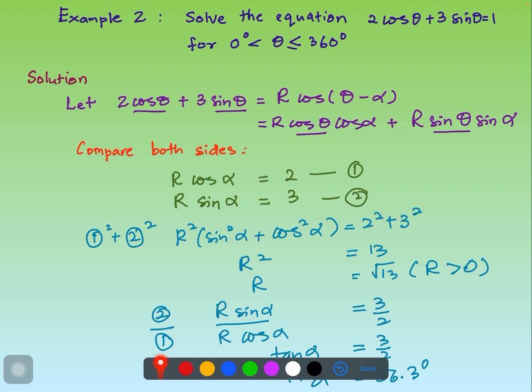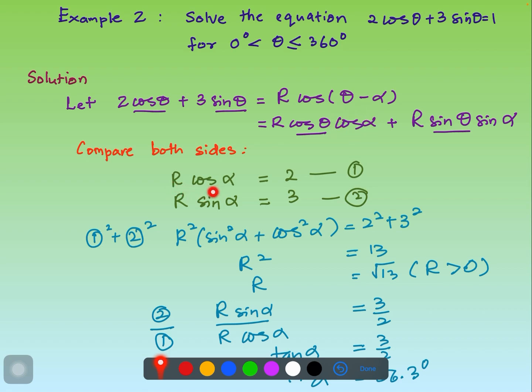So now we expand this cos (theta minus alpha). We will have r cos theta cos alpha plus r sin theta sin alpha. And then we compare both sides. The coefficient of cos theta on the left hand side is 2, and on the right hand side we have r cos alpha.